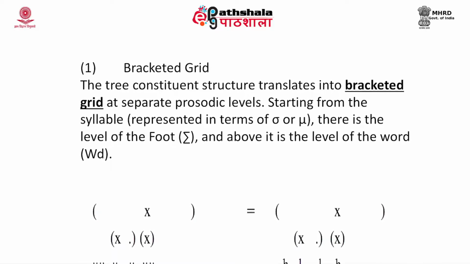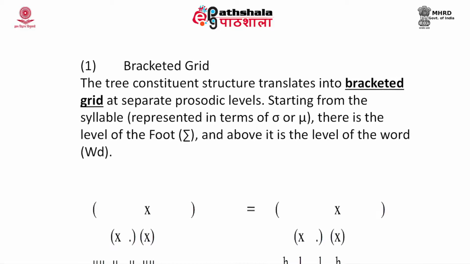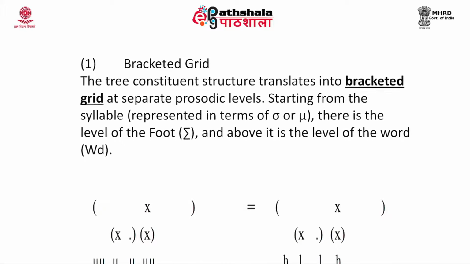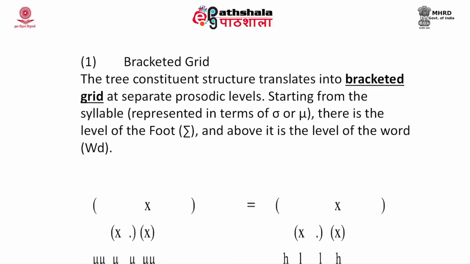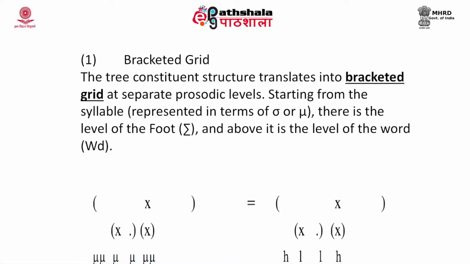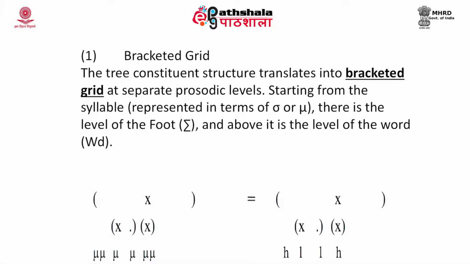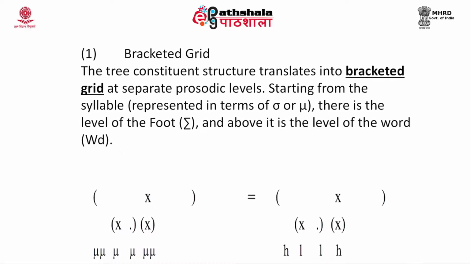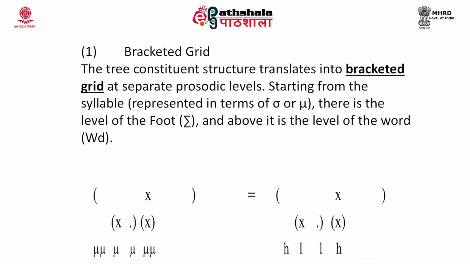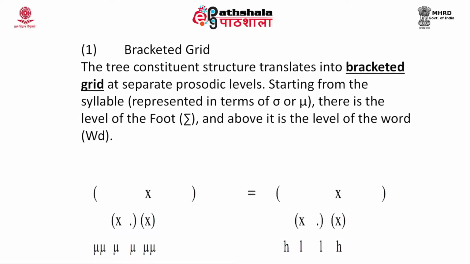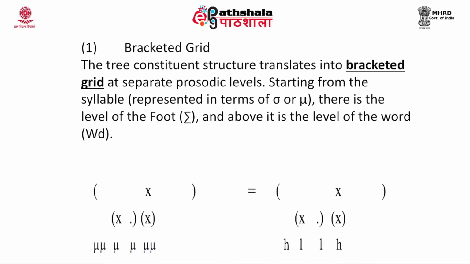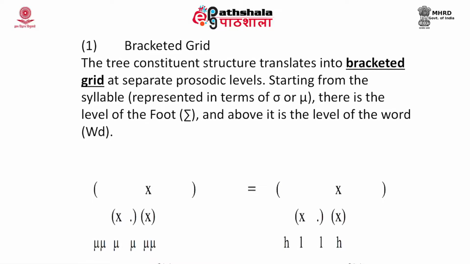So if there are 3 stresses, there will be 3 feet; 2 stresses, 2 feet. And then at the word level, we know which one of them has the primary stress, is the most dominant one. So this is essentially the metrical grid theory. That is, you have different levels or grids for different constituents of metrical phonology.